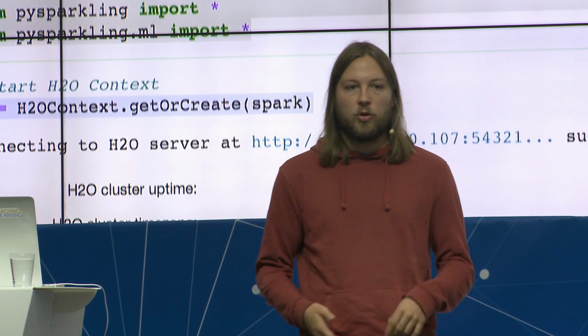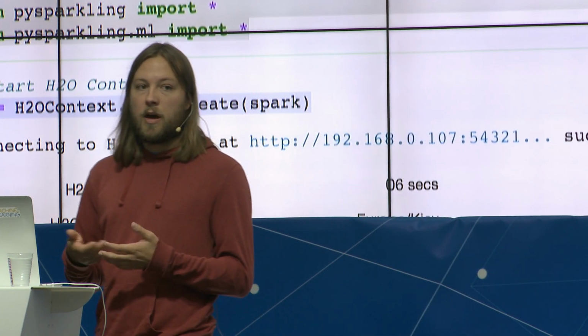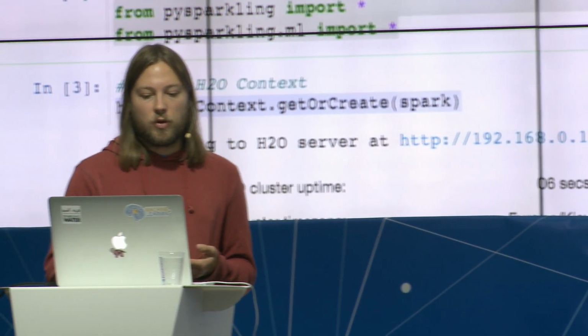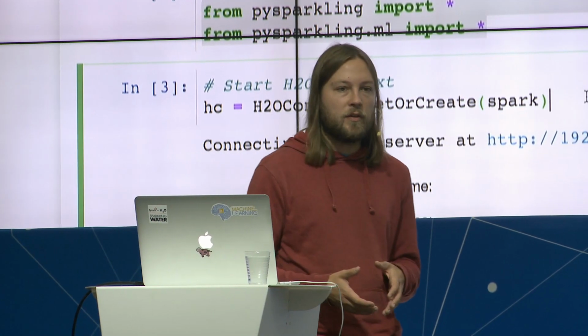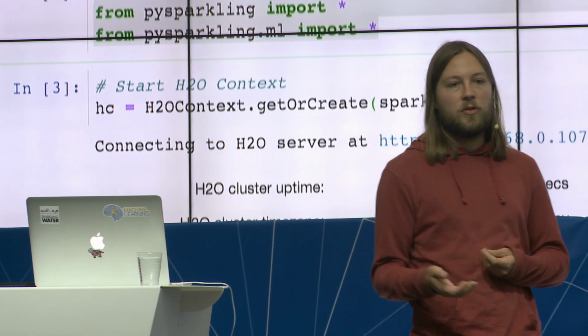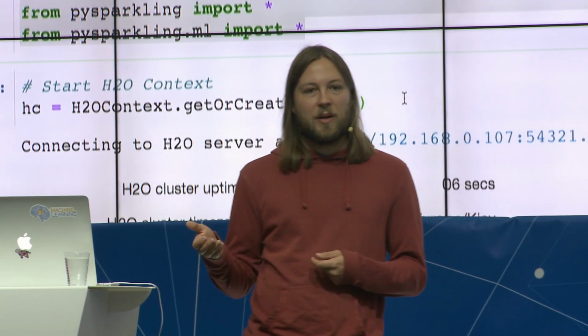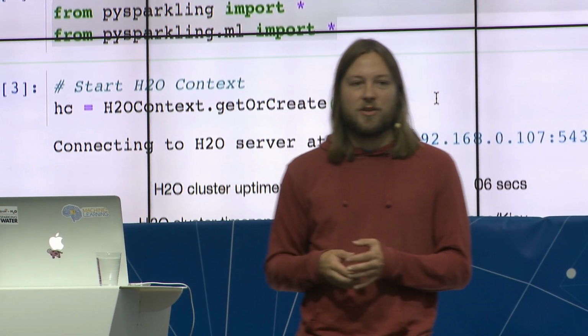And it will automatically put all the dependencies on the Spark classpath. And if you want to enable H2O or Sparkling Water capabilities, you just call this H2O context get or create. And you can still use your existing Spark cluster, because we realize that if some customers or open source developers want to use Sparkling Water, they should be able to use their existing clusters. That's why we do that integration.